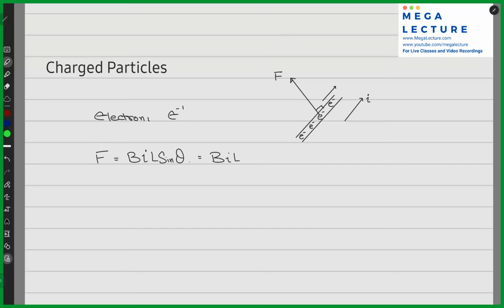The reason I add this sine theta, by the way, is that we did one example where the conductor was placed at some angle to the magnetic field and not just perpendicular. So if the magnetic field, just for illustration purposes, is in this direction, then only the perpendicular component of this current will contribute to the magnetic force, right? The horizontal component will not contribute. Is that clear?